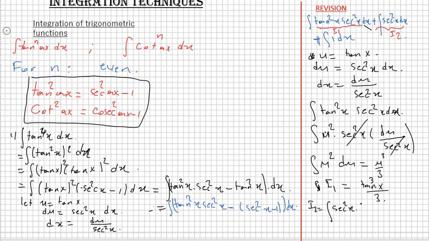So dx is equal to du over sec square x, and then from there the sec can cancel. So we're going to have the integration of 1 du. So I2 is just equal to u. In other words, I2 is tan x. So now we need to integrate the last term, which is 1. So the integration of 1 gives x.